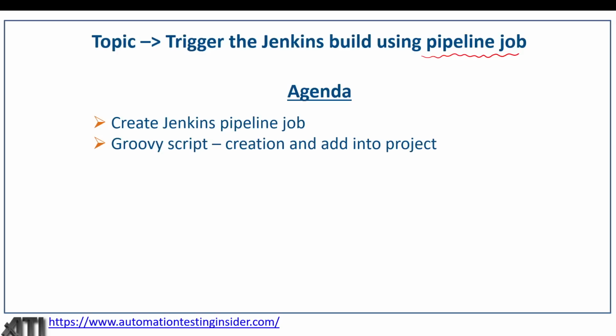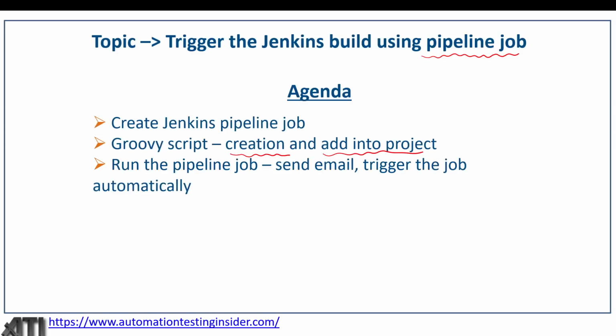Using the pipeline keyword we can create this Groovy script. We'll create it and add that into our project, and I'll show you how we can run our script and then run the pipeline job. I'll also show you how to send the automated email, and how to trigger the job automatically. So these are the things which we are going to explore today. Let's get started.